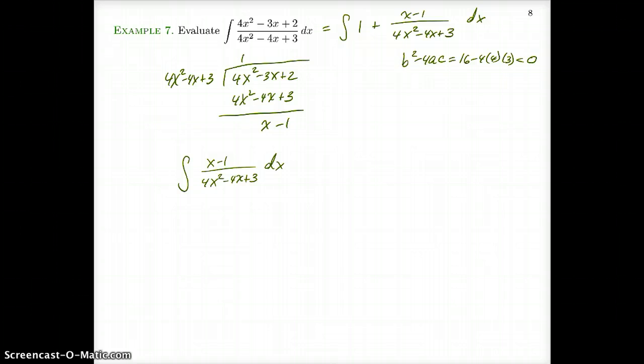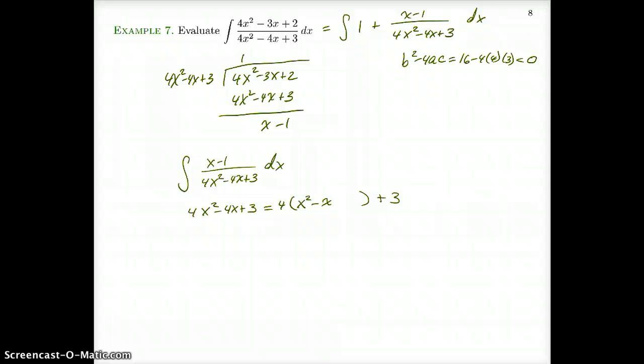But because we've got an x term, we have to complete the square. So 4x squared minus 4x plus 3 is 4 times (x squared minus x plus 3/4). We factor out whatever's in front of x squared, from both the x squared and the x term.